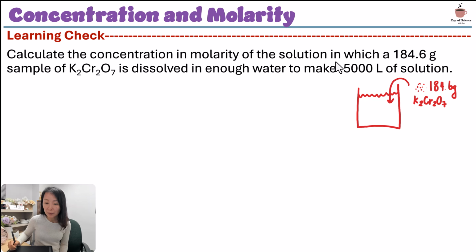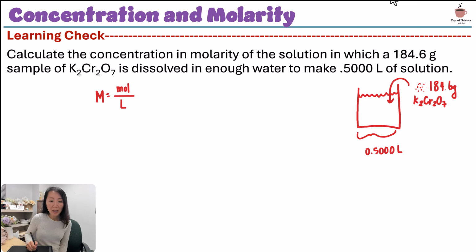And when it got submerged, this whole volume of the solution is 0.5000 liter. But we know that the molarity concentration is moles of the solute over the liter. And we don't have any moles yet, but we could definitely find the moles.